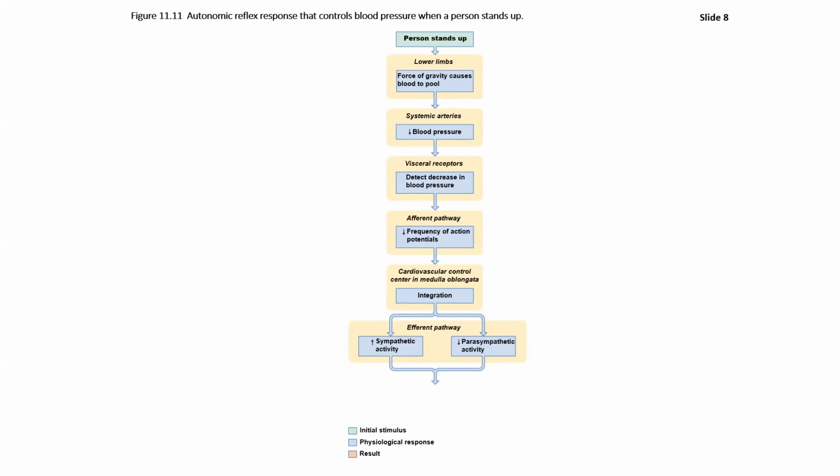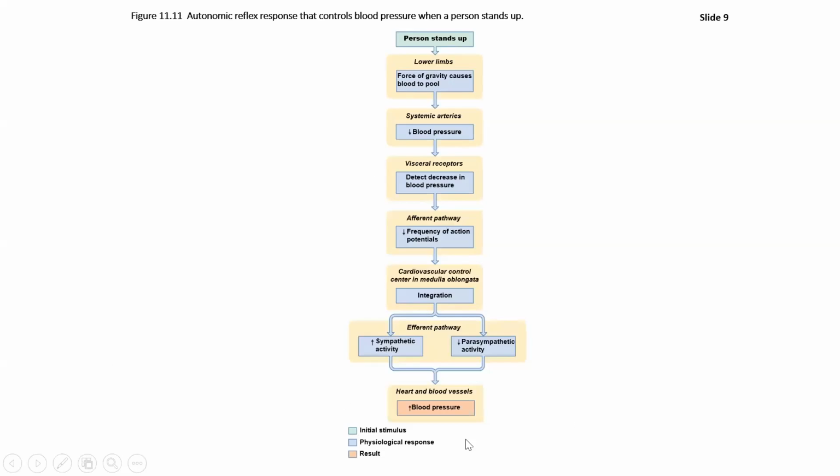So if my body is detecting a decrease in blood pressure, I need to increase my heart rate to get more blood circulating through my vasculature system. And in order to do so, I need my heart to increase sympathetic innervation. But in order to prevent a blunting of that response, I also need to tone down my parasympathetic influence.